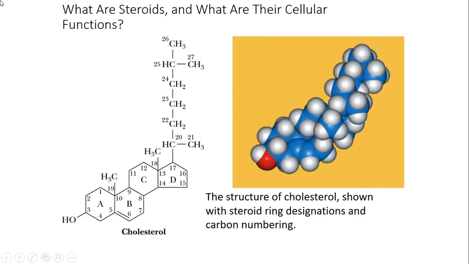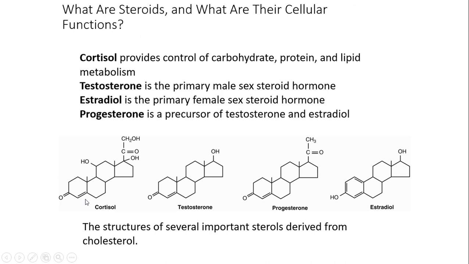So this is the structure of cholesterol. So this is the sterol part of that molecule. I'm not going to go into the reactions that produce cholesterol, but there are 27 steps in the process that builds that cholesterol molecule.